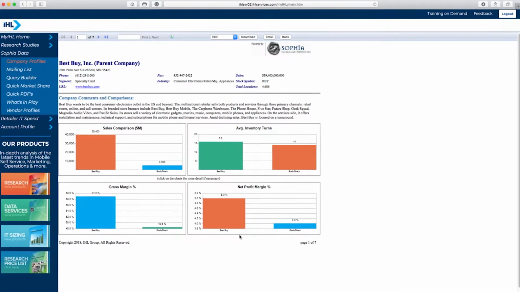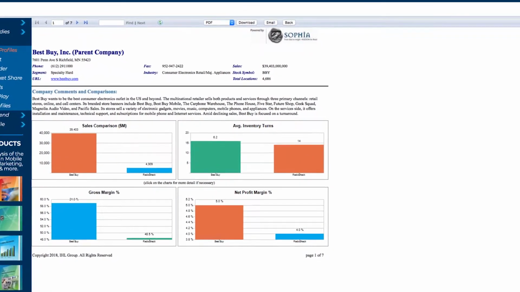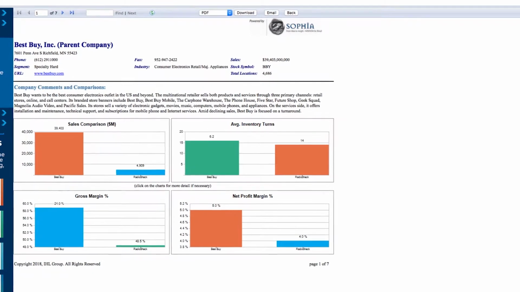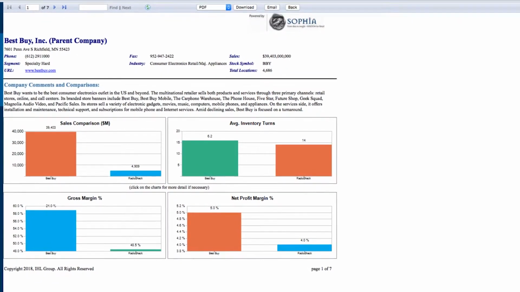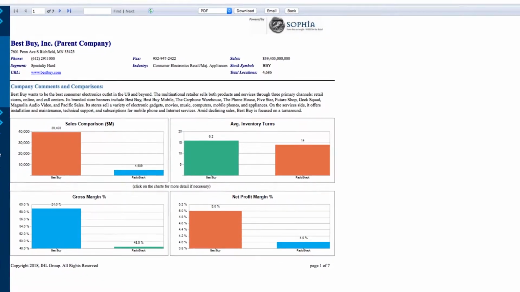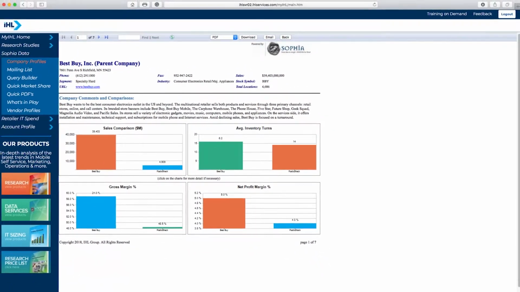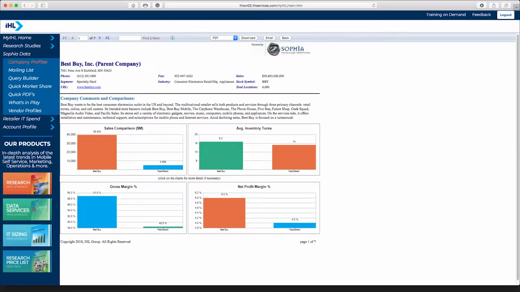At the top of the page, you will see the company profile macro information, who they are, what they're about, and a brief summary of the company in case you're not familiar with them. Next, there are competitive comparisons on key financial metrics. Notice that as I move the cursor over the bars, it changes because the bars are actually active hyperlinks.